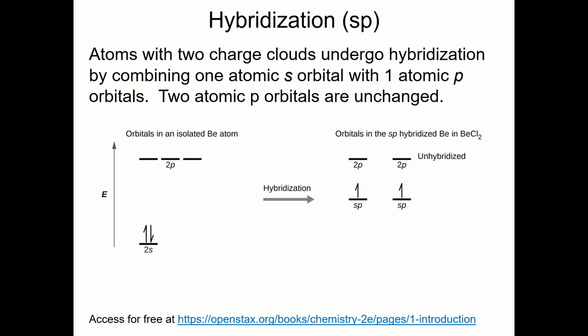Okay. The next type of hybridization that we have is an sp hybridization. So that's going to happen if we take only 1 of the p orbitals and hybridize it with that s. And so we get 2 sp orbitals. And then we would have 2 unhybridized p orbitals that would remain with the same energy.